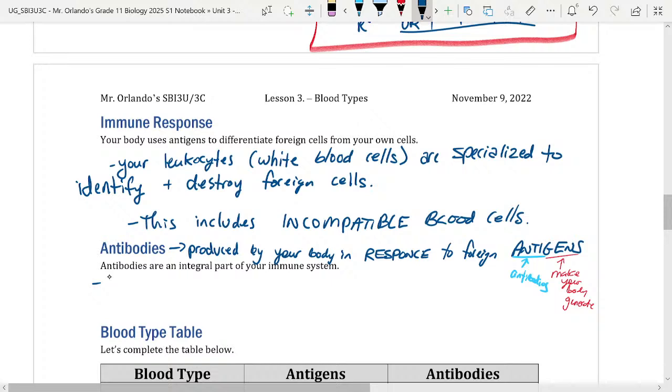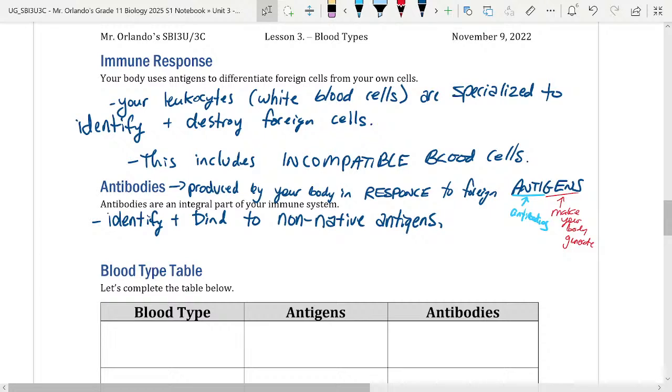So the antibody itself is an integral part of your immune system. These identify and bind to non-native antigens. And there's 3 types. You can have anti-A antibodies, which bind to A. If anti-A sees A antigens, and your body isn't supposed to have A antigens, it will bind to them, and then it will signal the immune response.